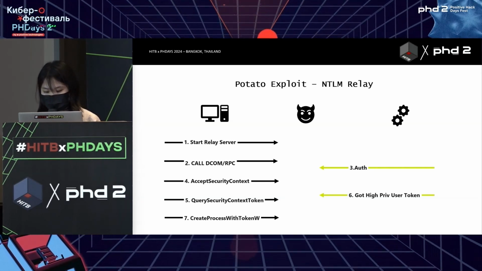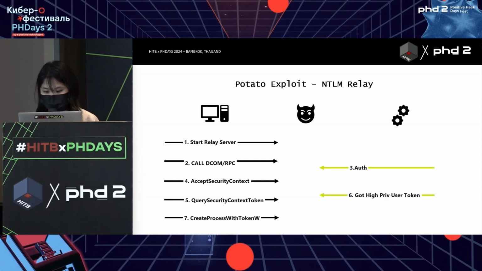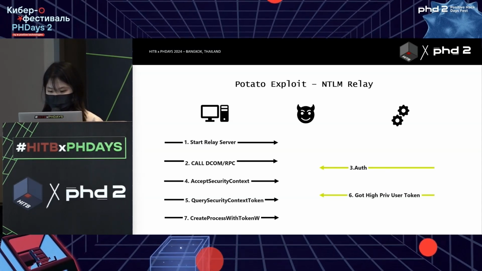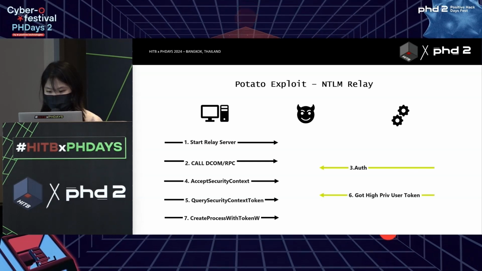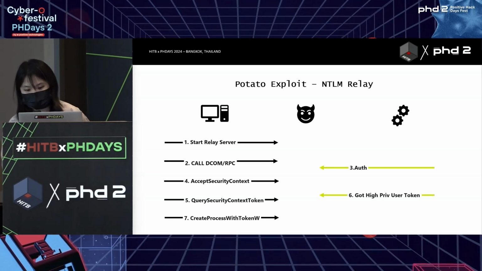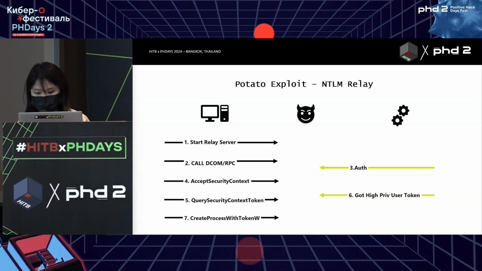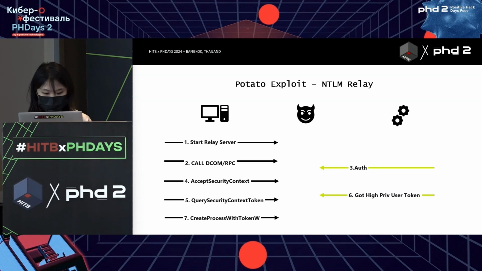In the fifth and sixth steps, use the QuerySecurityContextToken method to obtain the token of the context. The seventh step is to use a high-privilege account to create a process to achieve privilege escalation.